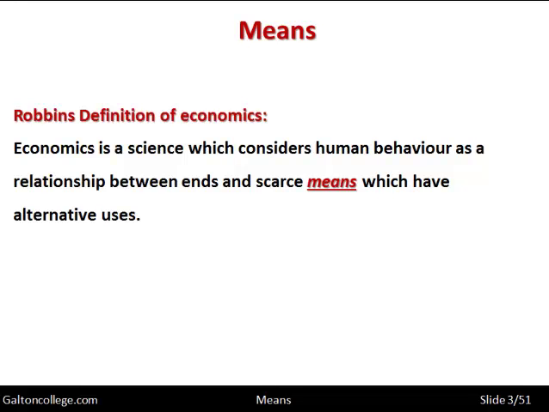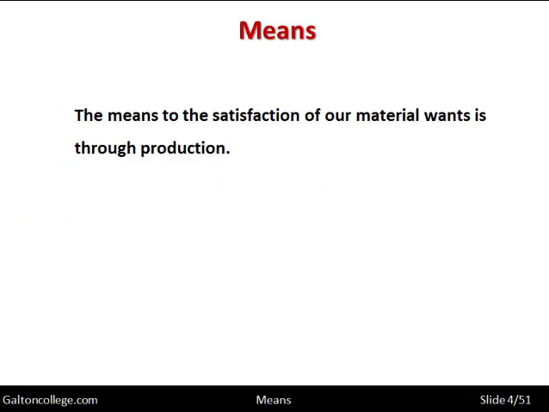So we've got scarce means, and this is the subject matter of the video. We're going to talk here about the means of production. The means to the satisfaction of our material wants is through production. So that's how we satisfy our material wants. Our material wants being clothing, food, shelter, and then the higher order ones, the luxury items, the cars, the household goods, and so on.